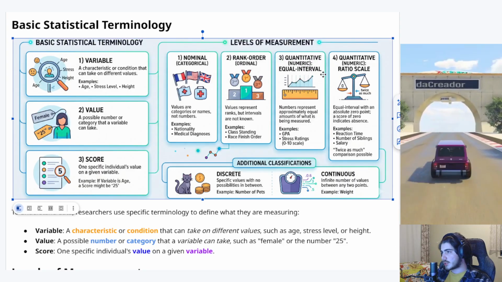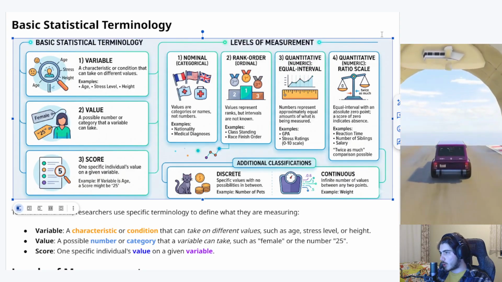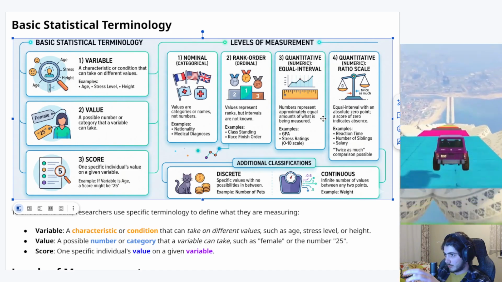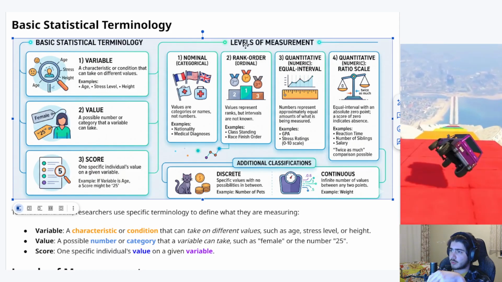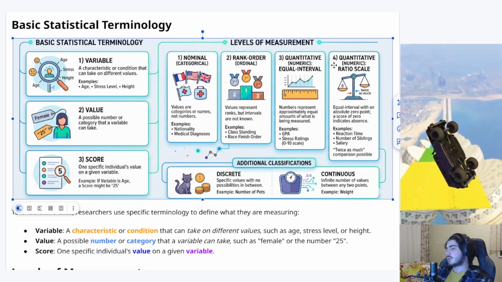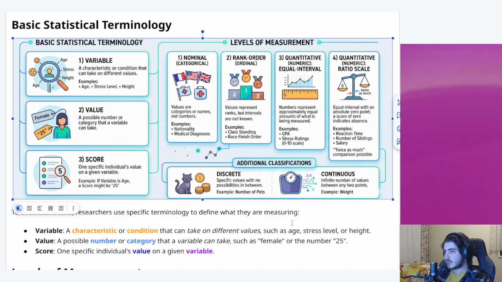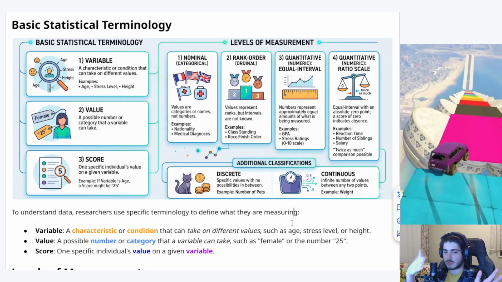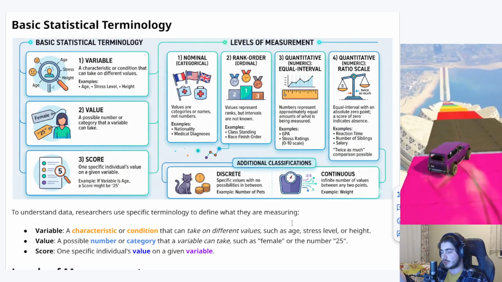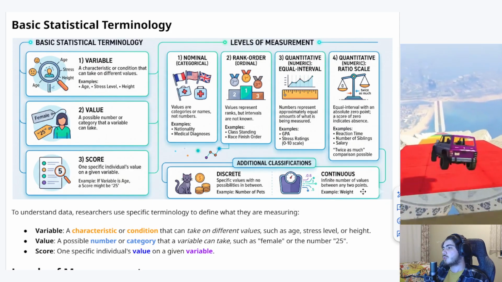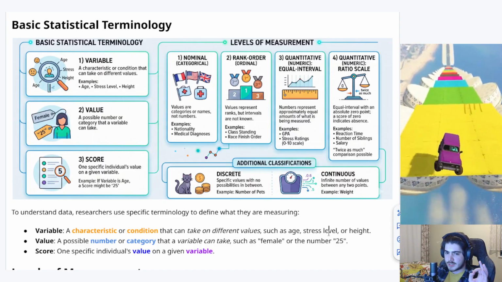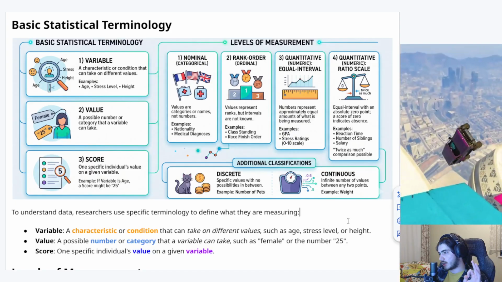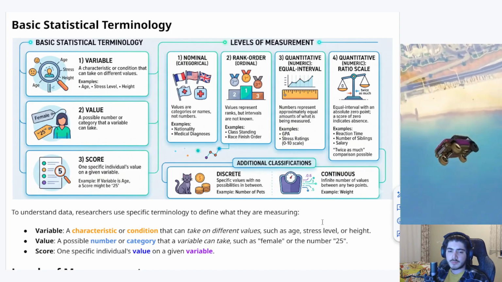The third one is within the quantitative section, and these are both numeric values, whilst rank order is ordinal. So the first one we have is equal interval, which just means 0 to 10, for example, 1, 2, 3, 4, 5, rated on a scale of 7. Whereas ratio has a point of absolute 0. So you can make twice as much comparisons. What does this mean?